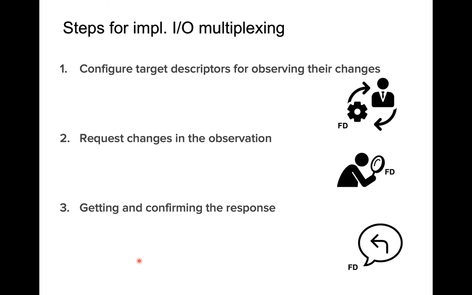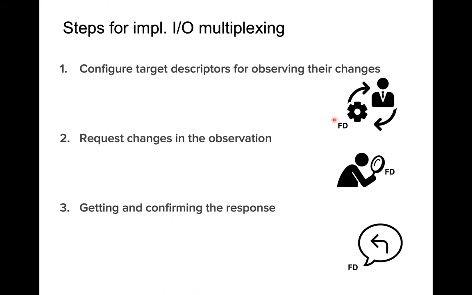To implement the I/O multiplexing, which we will see in a practical example, firstly, we have to configure the target descriptor for observing their changes. You have to first configure that particular FD or file descriptor for any changes. It can be file descriptor 1, file descriptor 2 or file descriptor 3.